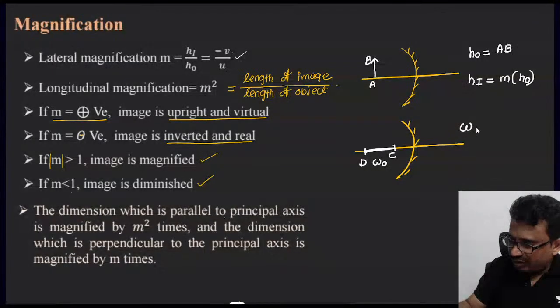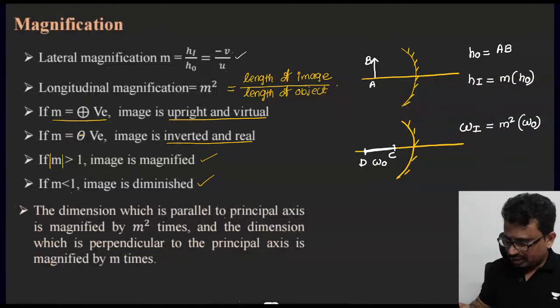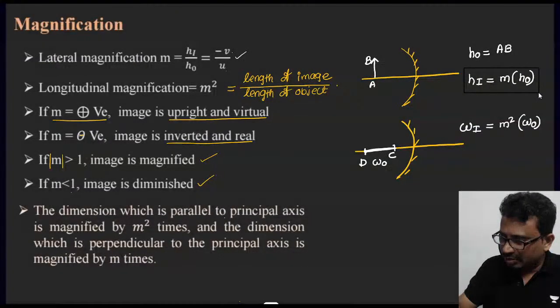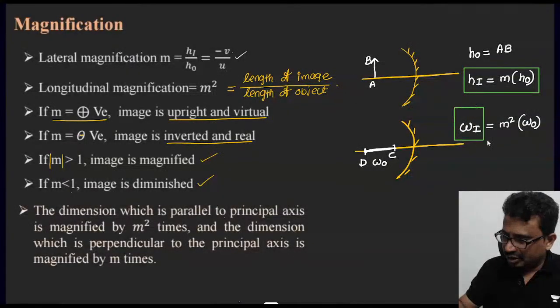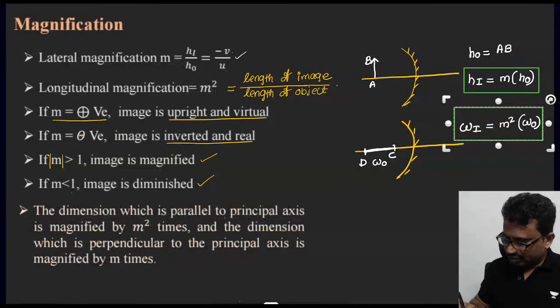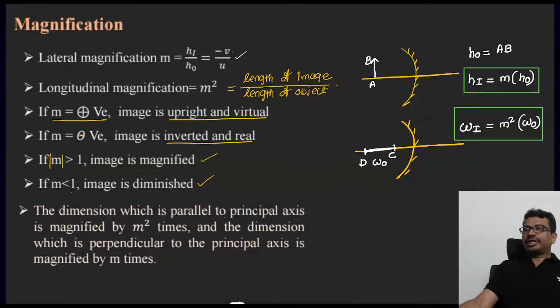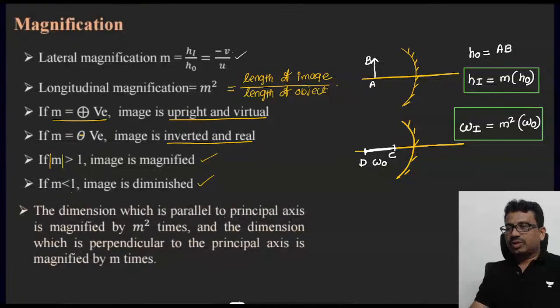Then the width of the image is m squared times the width of the object. So the height of the image is m times, but the width of the image is m squared times the width of the object.